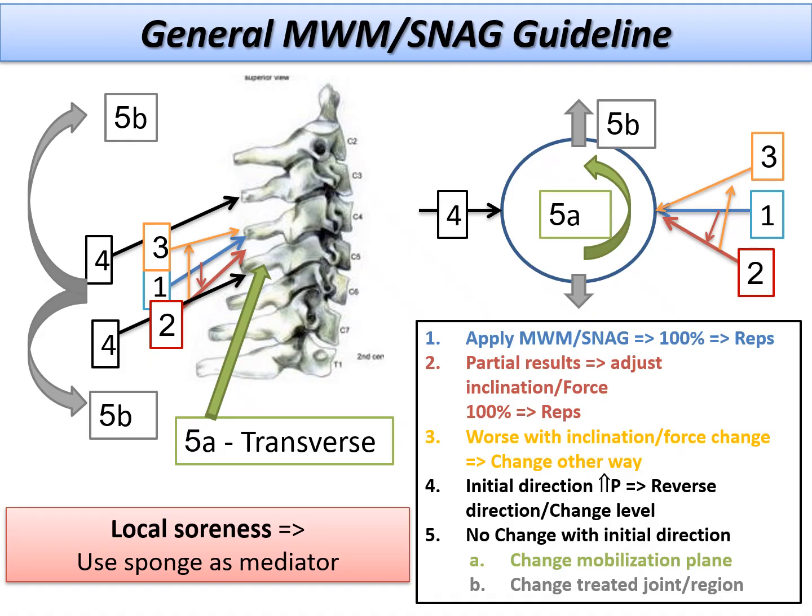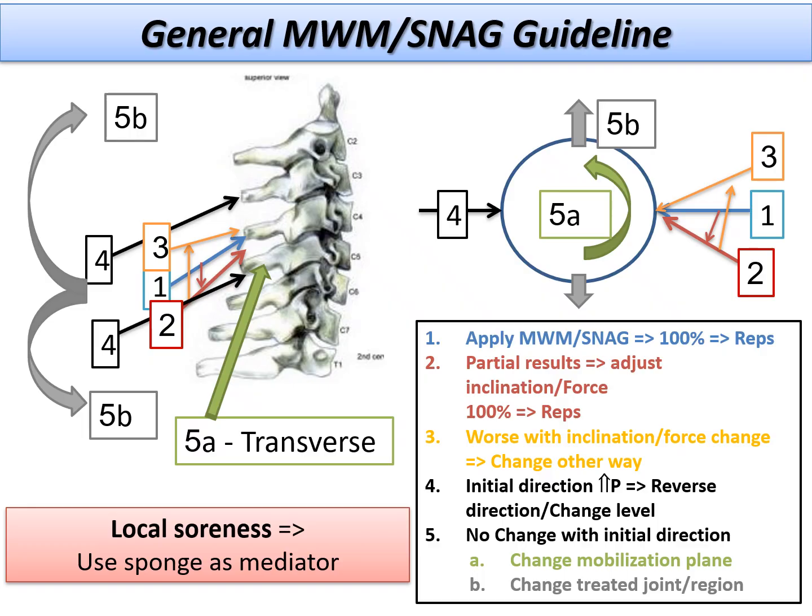That will be arrow number 4. As we say, if worse, do the reverse. In some cases, no change is achieved when applying MWM, unfortunately. If such a response occurs, we should try to mobilize the joint in a different plane, so move from glide to rotation, for example, or move to an adjacent relevant joint.